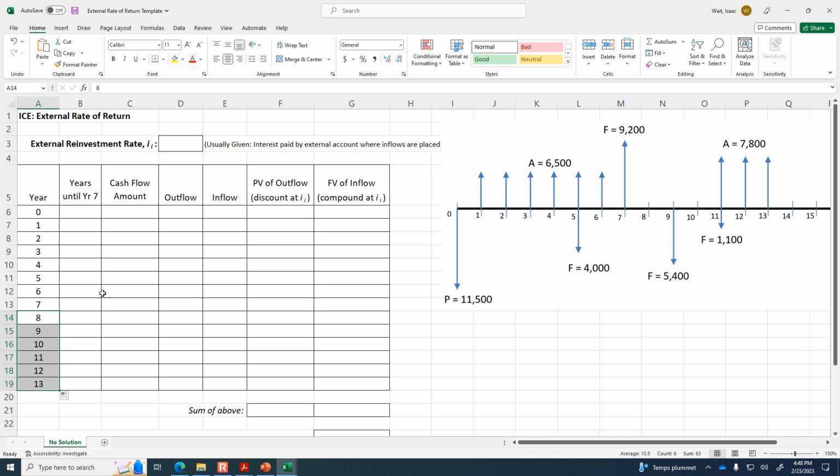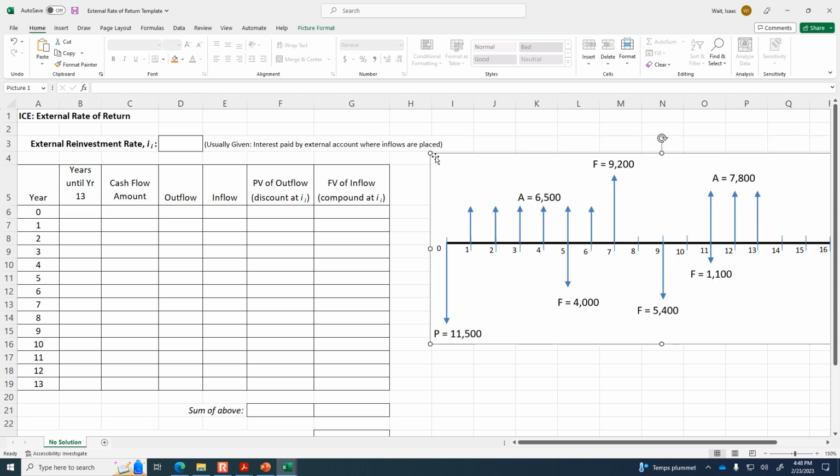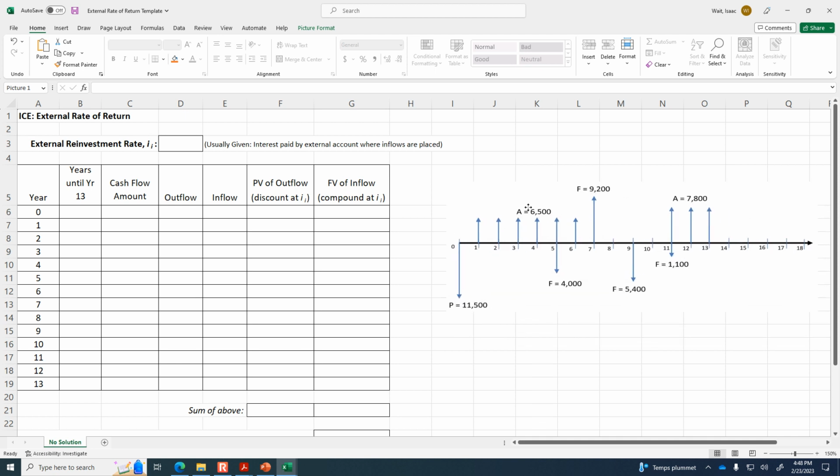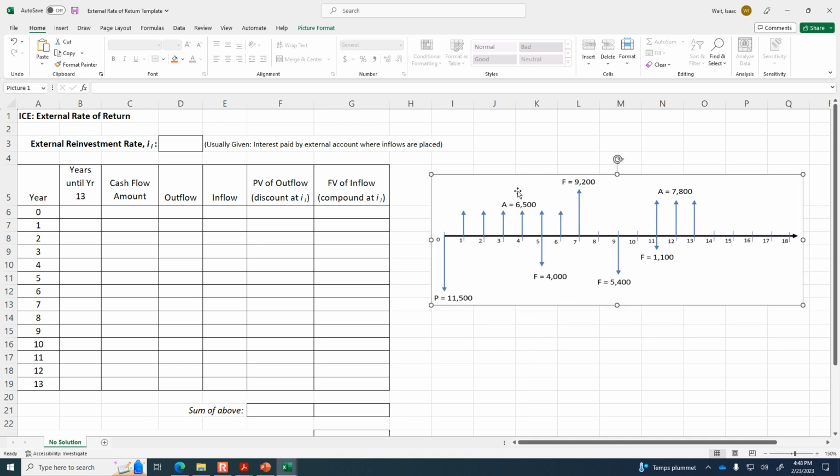Okay, so we've got through year 13, and then this column isn't going to be years until year 7. It's going to be years until year 13, because all of the inflows have to be compounded to year 13.